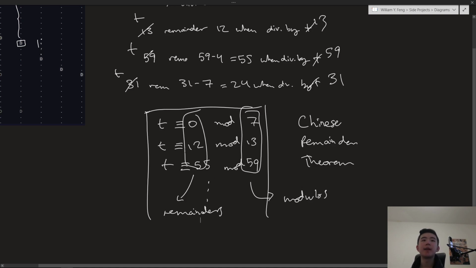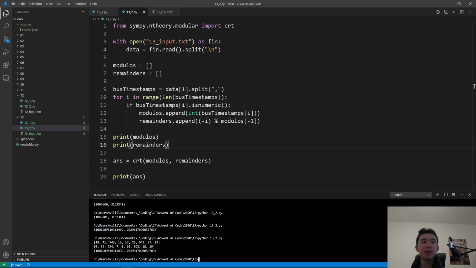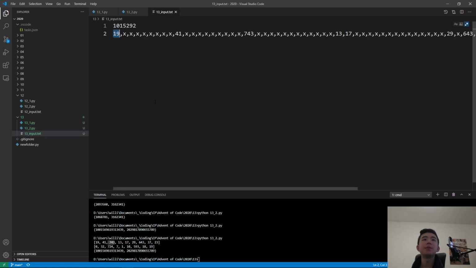So I'm just going to explain how we get this from the input. If we print it out, we get this list over here. We say it has to be 0 mod 19, 32 mod 41, 724 mod 743, and so on. How we get this is we keep an index as we loop through the timestamps. It starts at 0, and then we go 1, 2, 3, 4, 5, 6, 7, 8, 9.